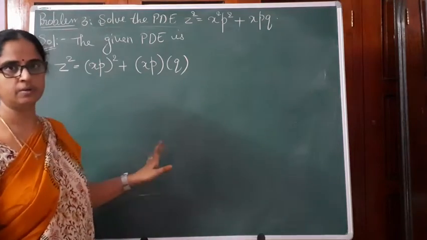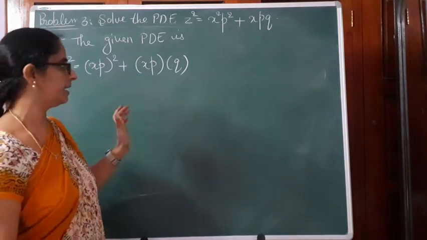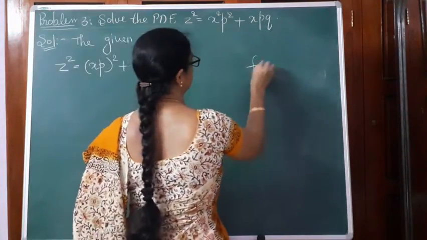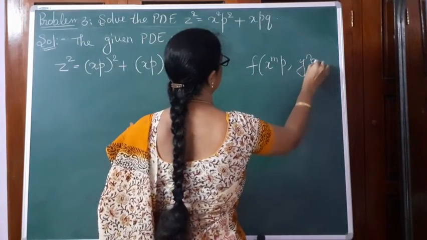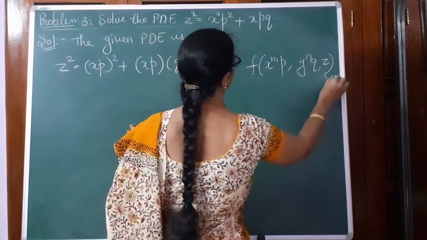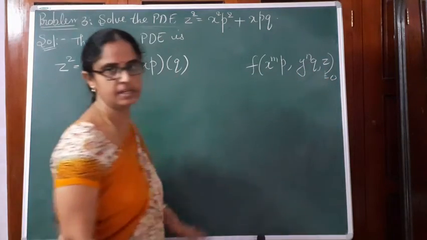So I just want to write separately the terms x power m p, y power n q, and if possible z, because z is also there here: f of (x power m p, y power n q, z) is equal to 0.